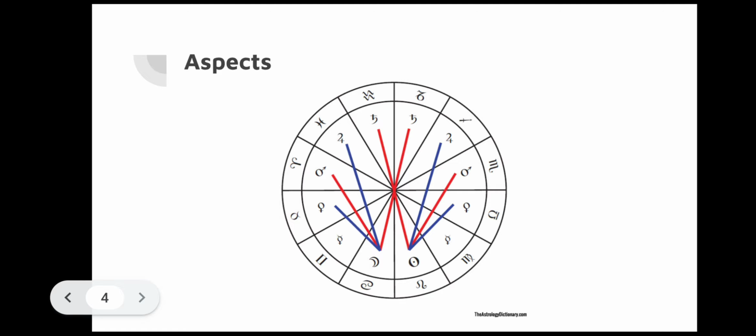Okay, let's go to another aspect called a sextile. A sextile occurs when a planet is 2 signs away, or 60 degrees away, from another planet. If we look at the sun and the moon, the 2 signs that are 60 degrees away from each of them are the signs ruled by Venus, right?